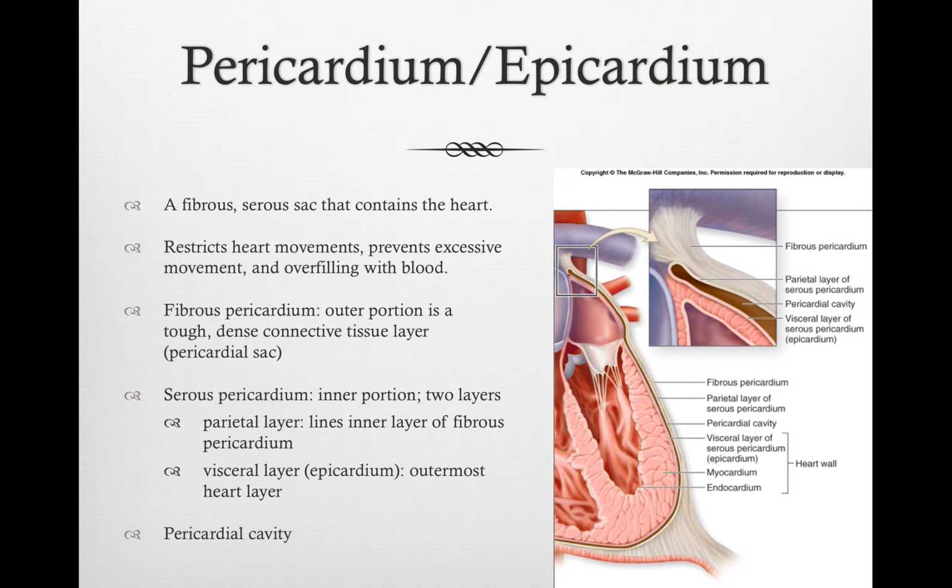But it can fill with too much fluid and then restrict the actual function of the heart and keep the heart from doing its job, thereby causing heart issues. So that's the pericardial sac, that's the pericardium, otherwise known as the epicardium, depending on which one we're talking about. We'll talk more about this in lab.